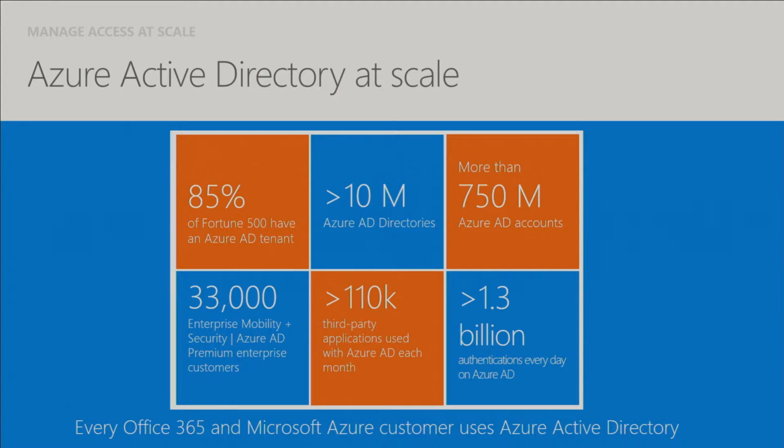And one thing I want you to know: here today you might be representing very large companies or smaller. The things we're talking about apply across that range. We have over 750 million enterprise users in these enterprise directories. So scale is a big deal. And one of the points I want to point out: 1.3 billion authentications.